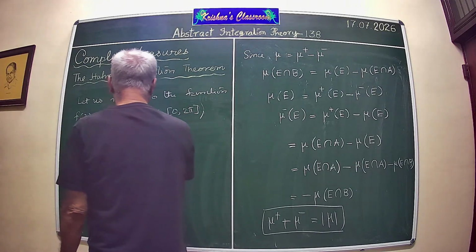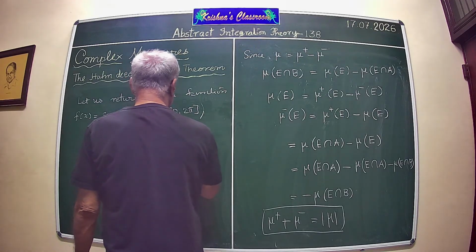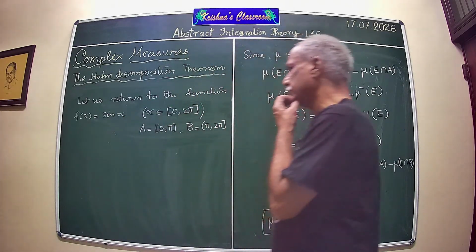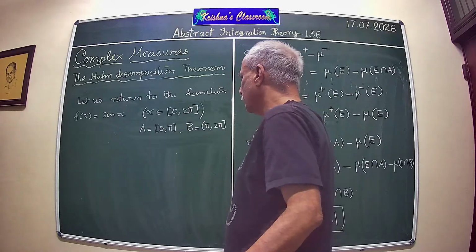A turns out to be simply, B turns out to be 5 to 2. Okay, so this is the breakup that you have.